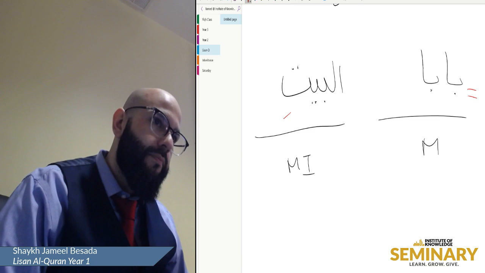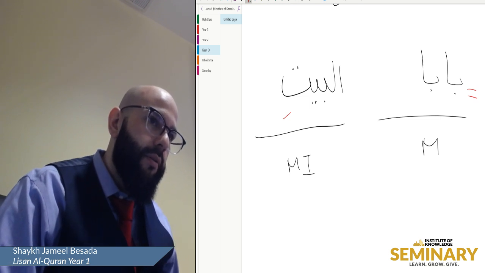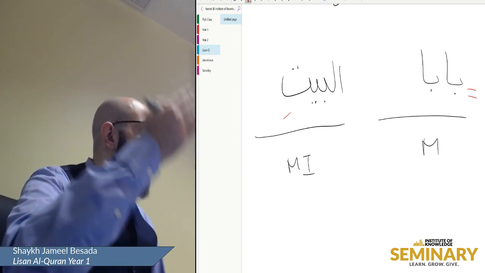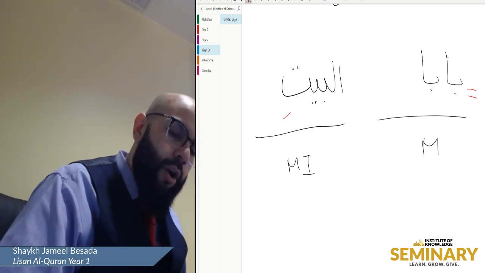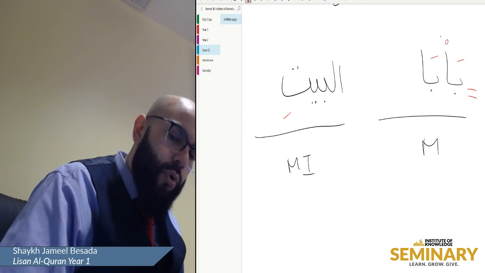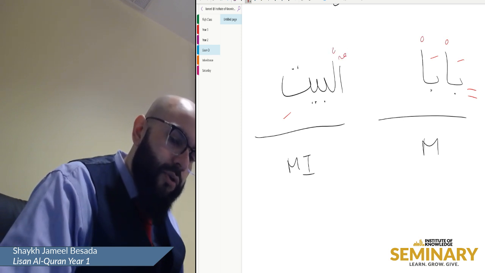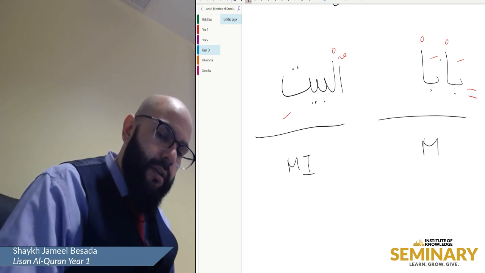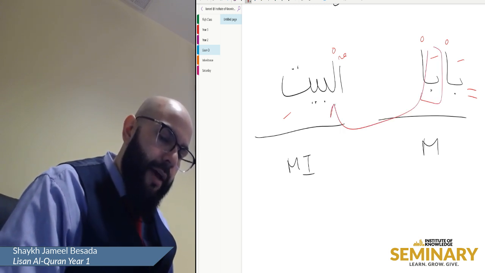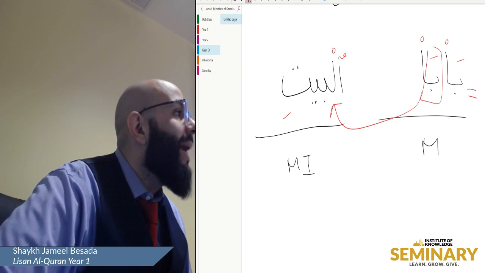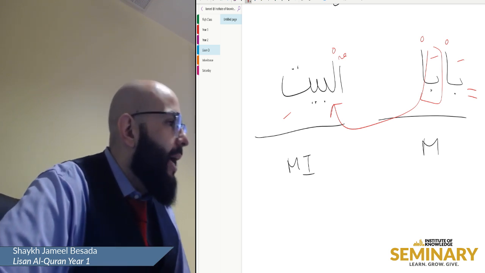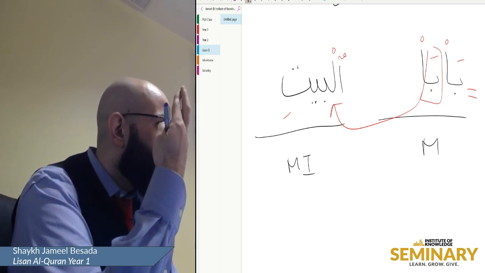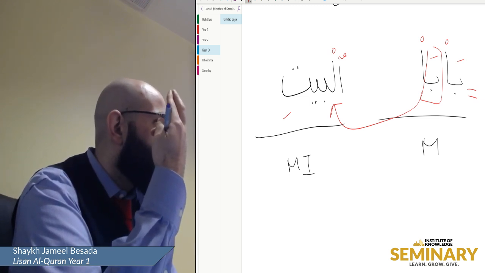Baba al-bayti. Make sense? If we're going to read it like we should, because this is sukoon, sukoon, hamzatul wasl, sukoon, we have to connect this to the lam. So babal, babal. Because remember, we cannot have two sukoons touching one another in the Arabic language.